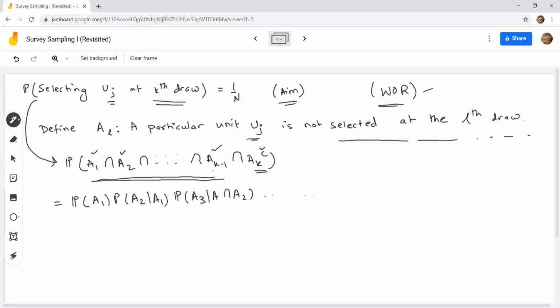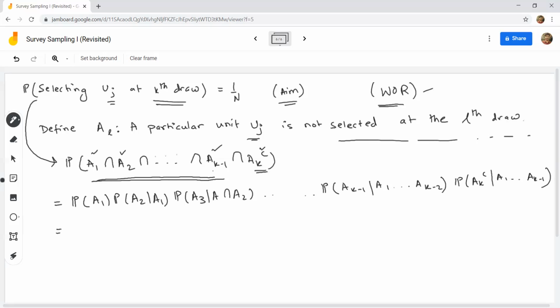And this goes on and on up to say probability of ak minus 1 given a1 to ak minus 2, and ultimately probability of ak complement given a1 to ak minus 1. Fine. So the entire thing I've just broken out into the conditional probability events. Okay. So now let's go one by one.